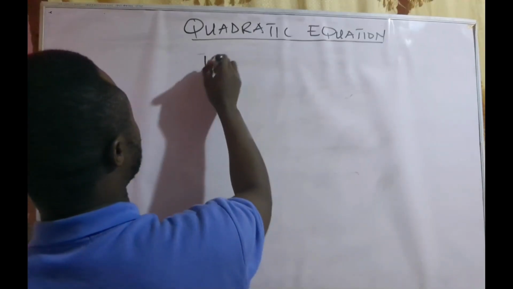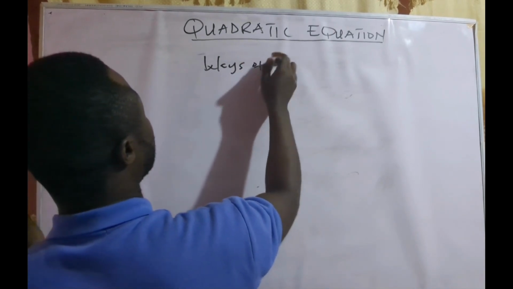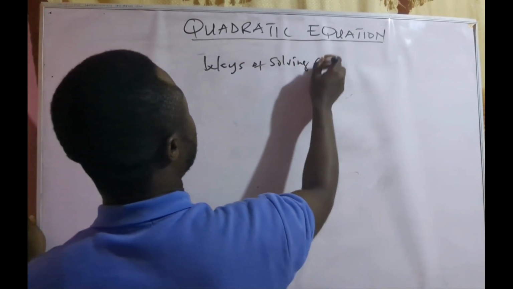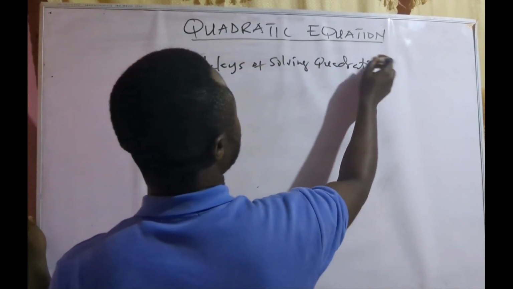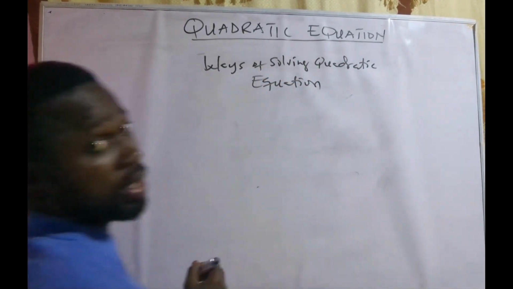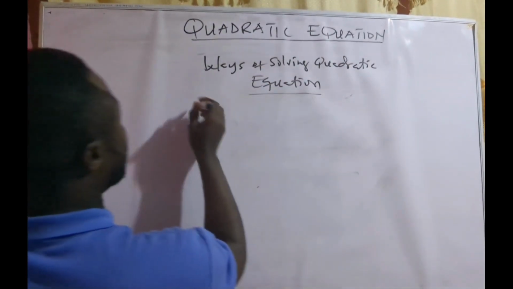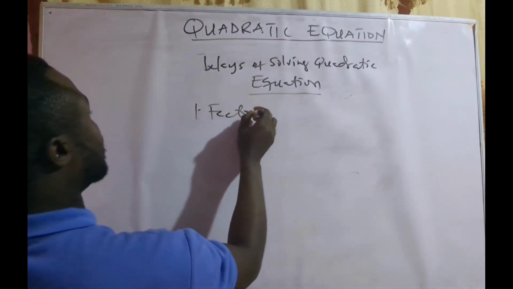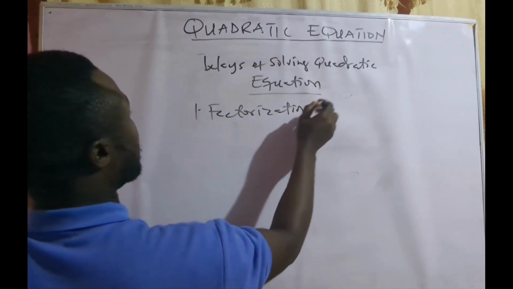Okay. Ways of solving quadratic equations. One, we can have the factorization method.